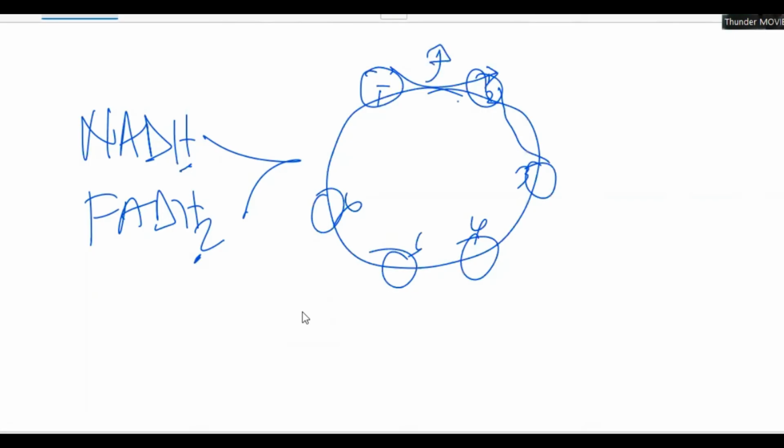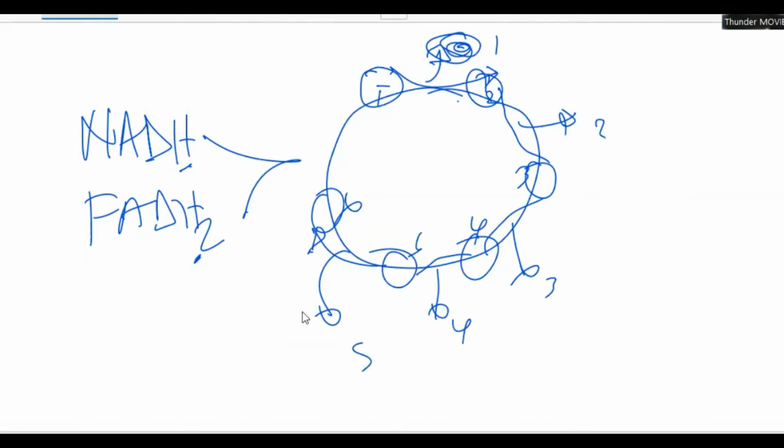From 2 to 3, energy is released. From 3 to 4, energy is released. 4 to 5, energy is released. 5 to 6, energy is released. This energy which is released is used to add ADP plus inorganic phosphate to form what? ATP.